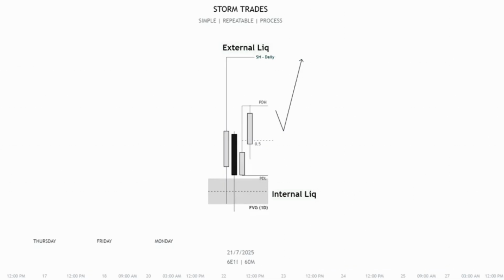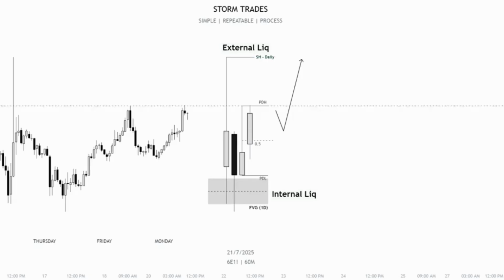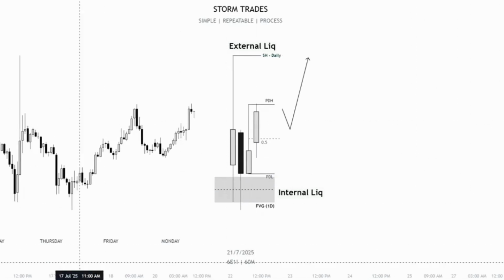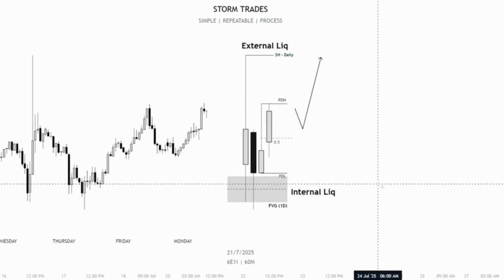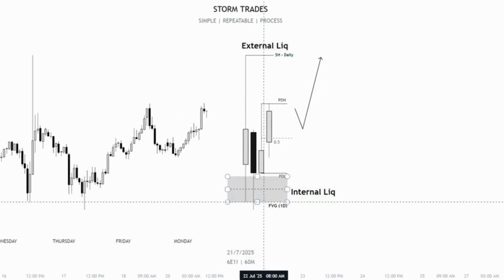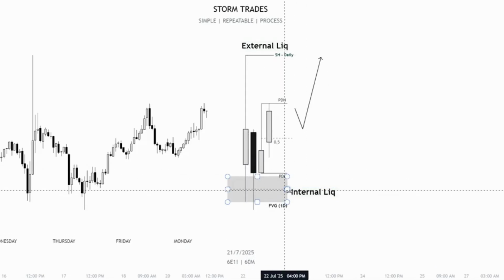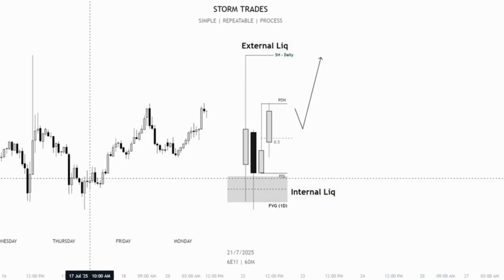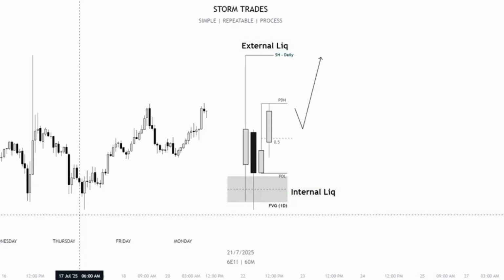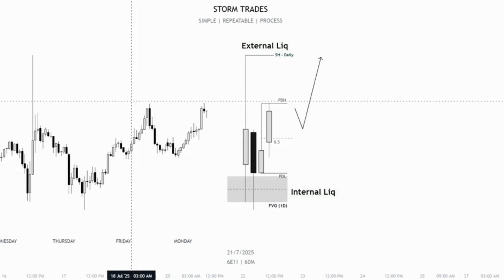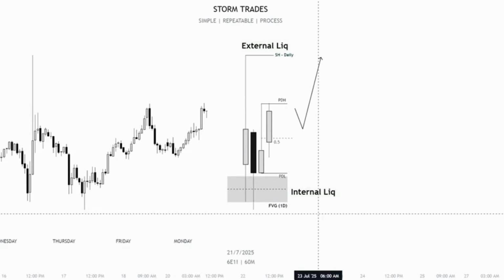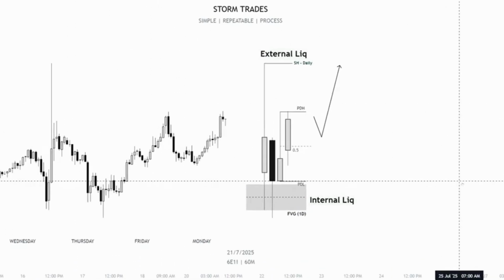Now let me pull up the hourly chart, and the hourly chart is also telling us a story. As you can see, last Thursday, when we first had this dip into the bullish daily fair value gap, we had our smart money reversal there, and we broke away on Friday, and now we're starting the new week with a little bit of consolidation.